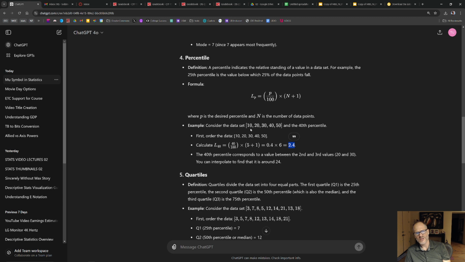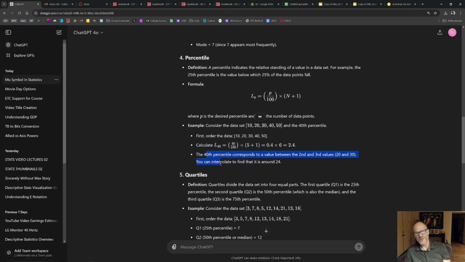So at location 2.4, here's location 1, here's location 2, and location 2.4 is going to be 40% of the way between location 2 and location 3. So 40% of the way between 20 and 30, that's 10, and 40% of 10 is 4, so it's going to be 24. So the 40th percentile corresponds to a value between the second and third values, 20 and 30.